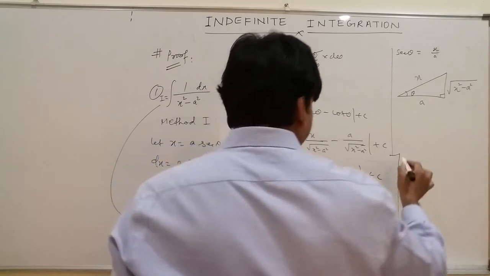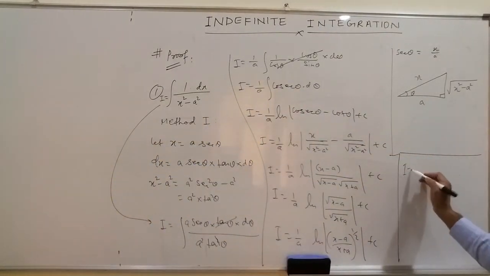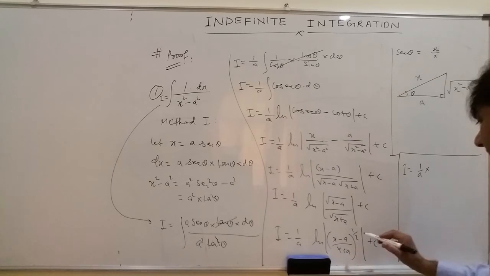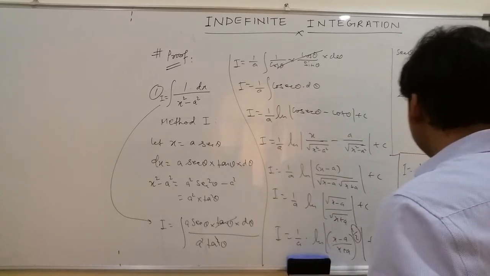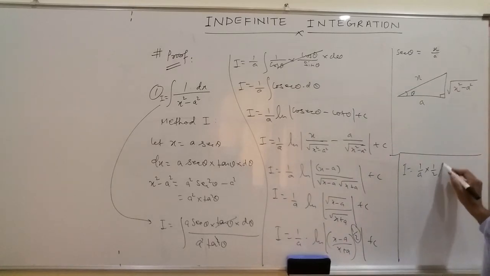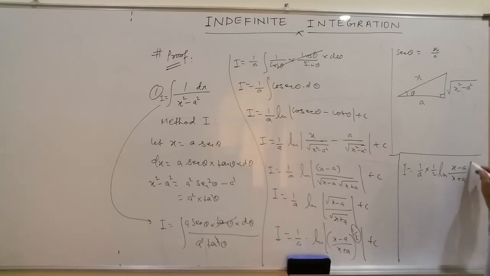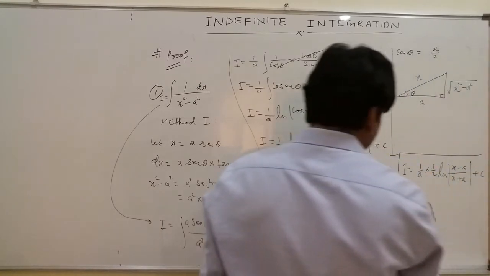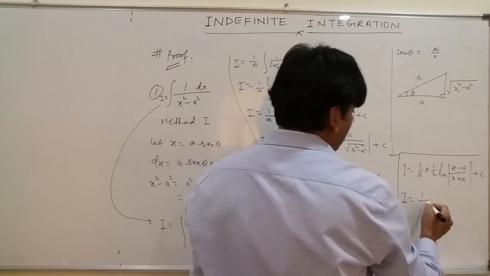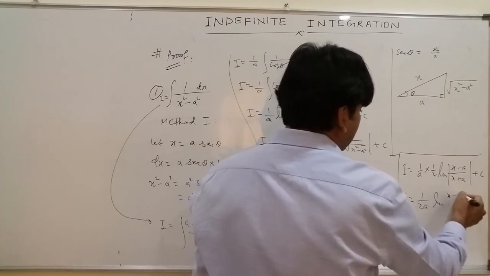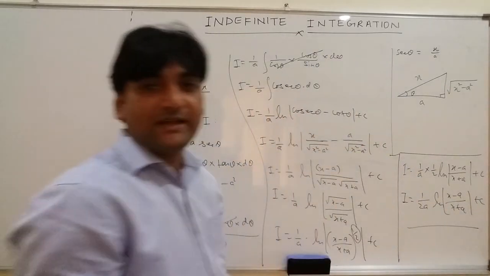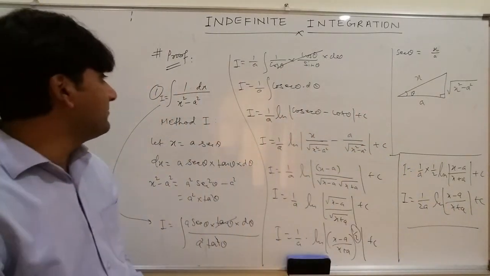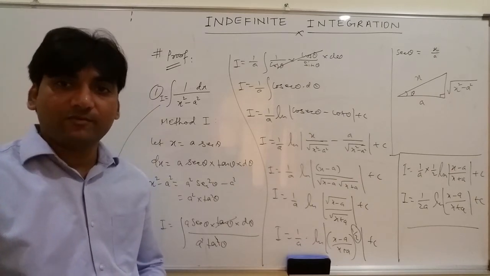And finally this half will come over here because of the log property, and I equals 1 over 2a ln x minus a over x plus a plus c is the answer, where I have applied the concept of the standard trigonometric substitution.